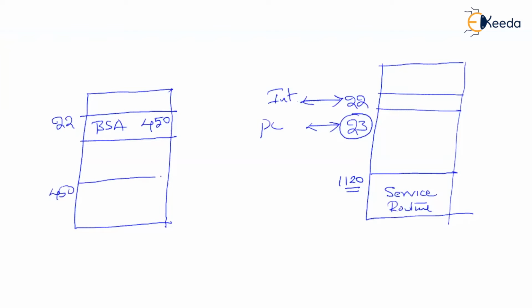In both cases, we are branching from one location to another location of the main memory. But in branches, we are branching to a subroutine.